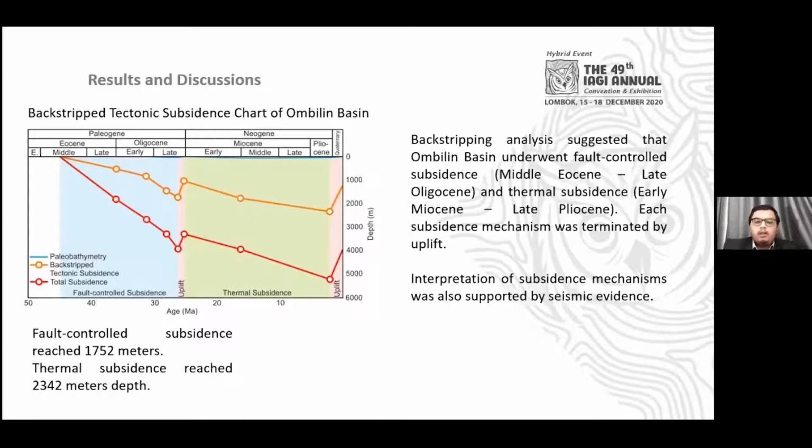As we can see in the chart, in the period between the Middle Eocene to late Oligocene, we have fault-controlled subsidence with the maximum depth reaching 1,700 meters. And then it was interrupted by an uplift, and then we have the thermal subsidence. This subsidence occurred over a longer period of time than the previous one, and it reached about 2,300 meters depth.